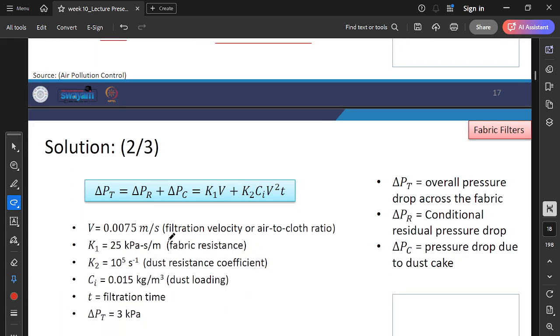Substitute all the values. K1 is given, but please remember again, the units should match. If all are in meters, everything should be in meters. Kilopascal means kilopascal, kg means kg. Think about mass, time, pressure, distance. So distance should be in meter, time should be in seconds, mass should be in kg, pressure should be in kilopascal.